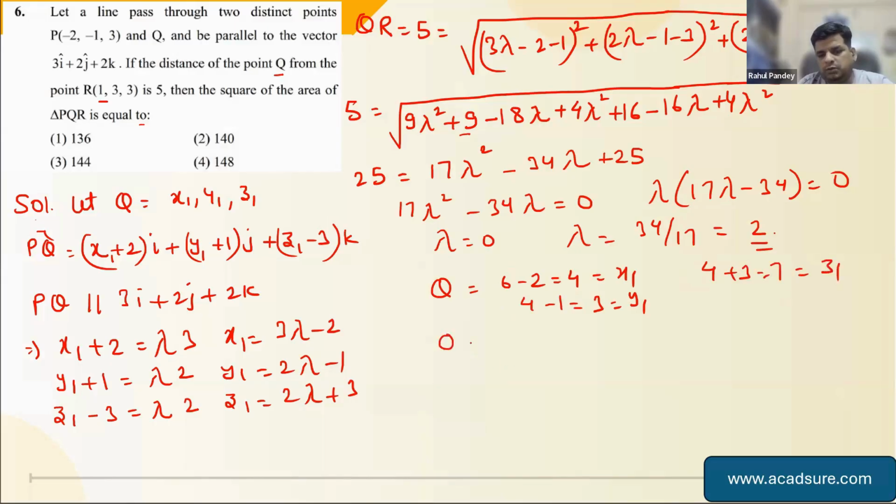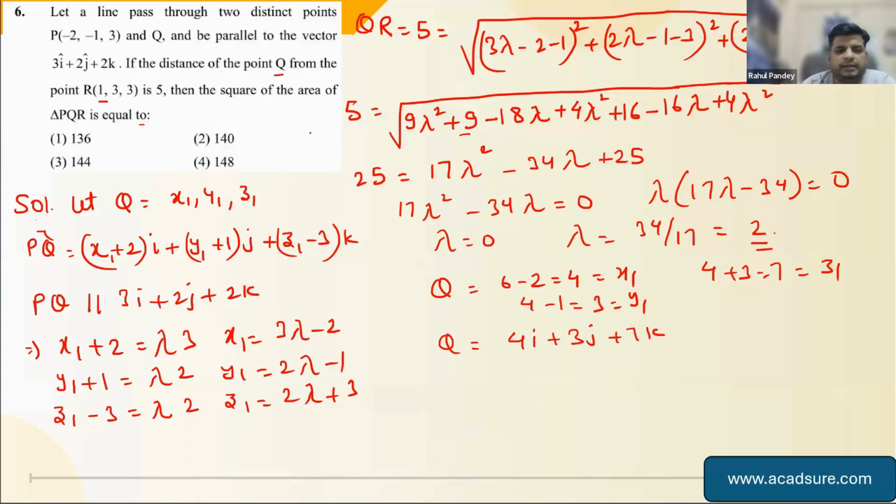So Q is 4i + 3j + 7k. Now we have got point P, which is (-2, -1, 3), point Q, which is (4, 3, 7), and point R, which is (1, 3, 3).